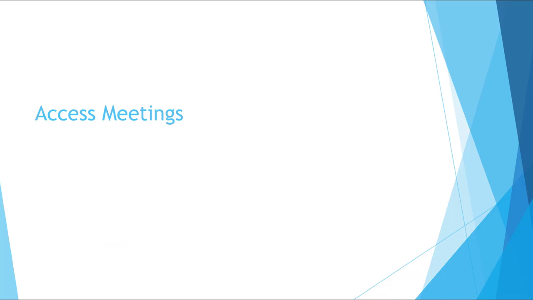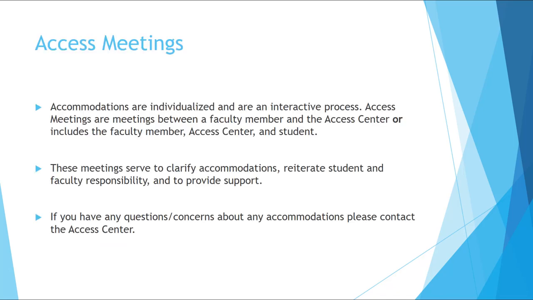All right, let's talk about Access meetings. Accommodations are individualized and are an interactive process. Access meetings are meetings between a faculty member and the Access Center, or include the faculty member, Access Center, and the student. These meetings serve to clarify accommodations, reiterate student and faculty responsibility, and to provide support as well.